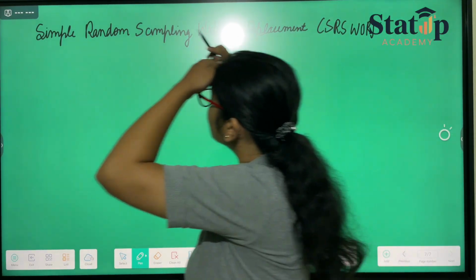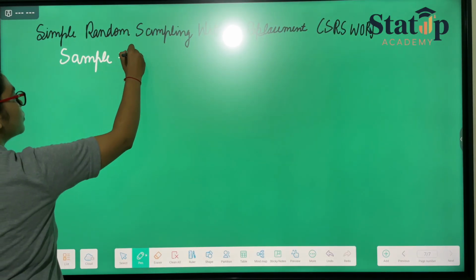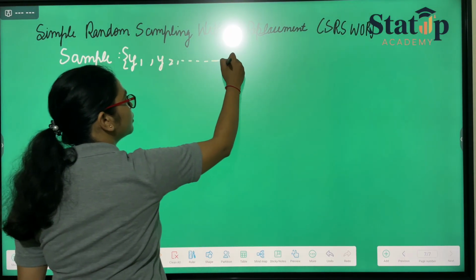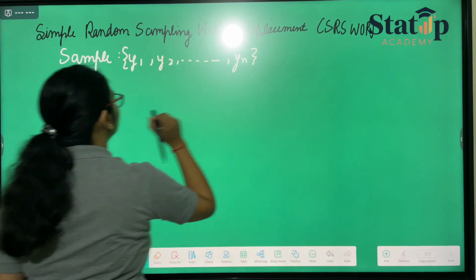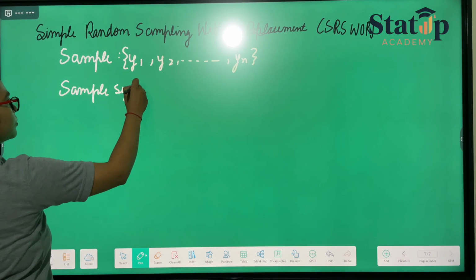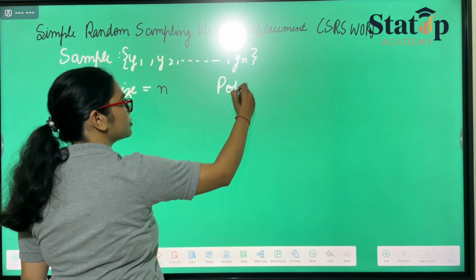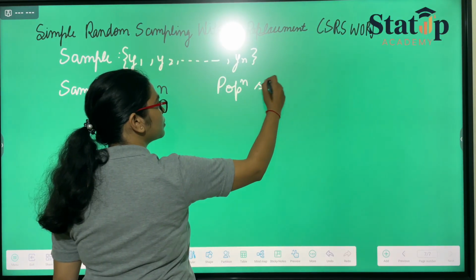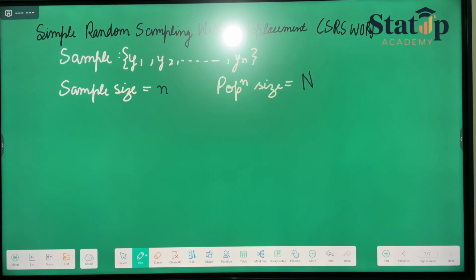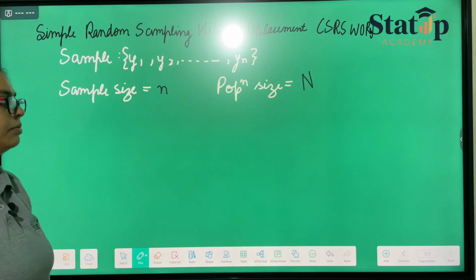Here again, we will take the sample Y1, Y2 up till Y small n. So our sample size is small n, and our population size is capital N. These are the two basic structures for both simple random sampling without replacement and simple random sampling with replacement.